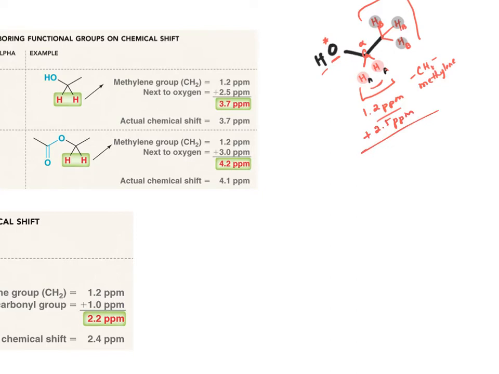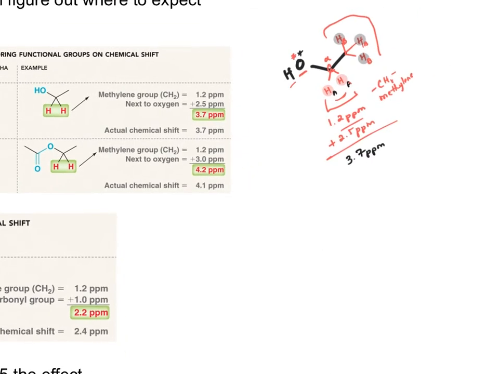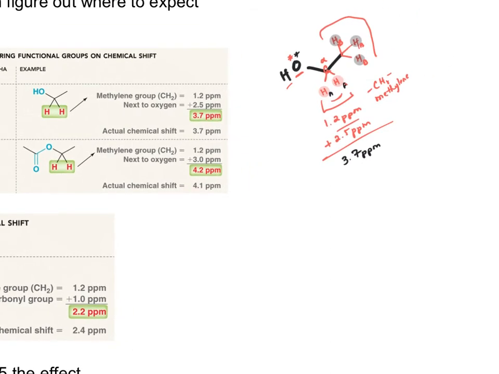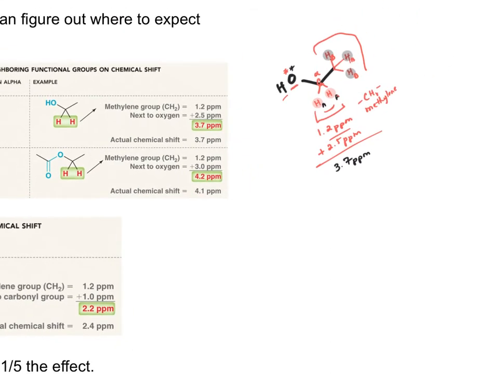And so now we would actually really expect them to resonate at 3.7 parts per million. And again, it's shifting the signal of those methylene protons downfield due to the overall inductive effect, due to the deshielding brought about by this oxygen. Okay, so we would expect these guys, HA, to resonate at 3.7 parts per million.